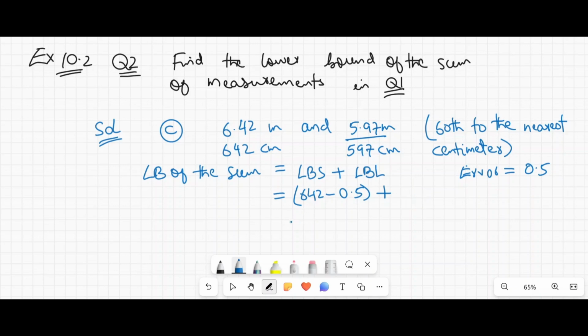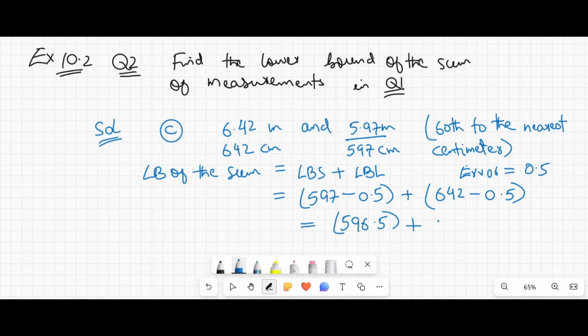I might write the smaller number first: 597 minus 0.5, this is our error term, plus 642 minus 0.5, the error term subtracted from the larger. So this becomes 596.5 plus 641.5.